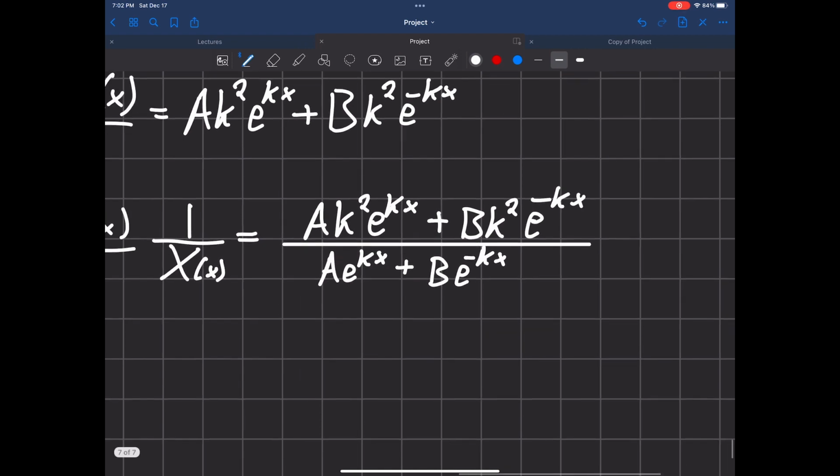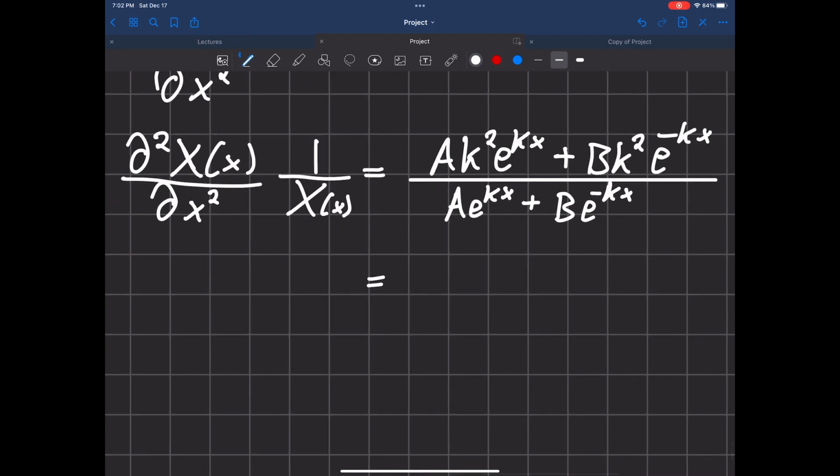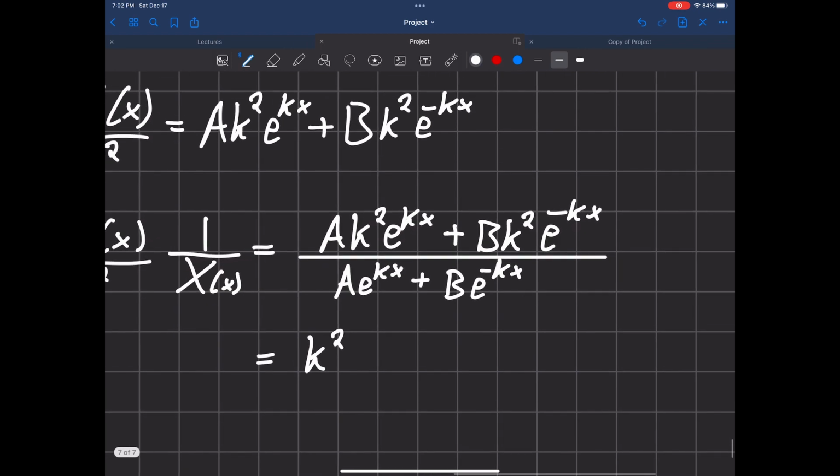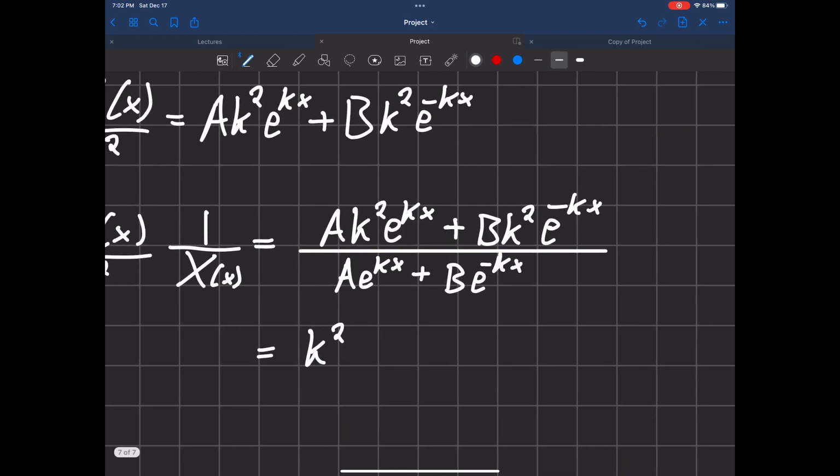Boom. So what we notice here is that, again, we can factor out a k squared term, and this equals k squared times, you can pretty clearly see that this would just be this over itself, right? So times 1, which just gives k squared.